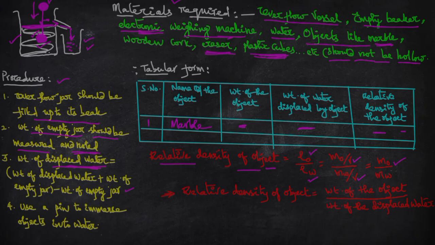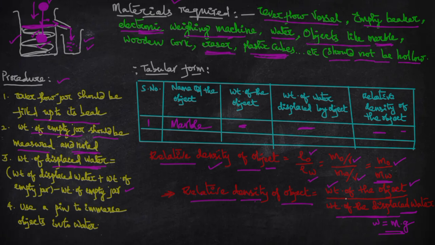So finally this equation becomes: relative density of the object is equal to the mass of the object by the mass of water. So we can consider the relative density of an object as the weight of the object by the weight of the displaced water. Why do we consider weight? Weight is nothing but mass into acceleration due to gravity, and since the acceleration due to gravity is constant here, the mass is replaced with weight.